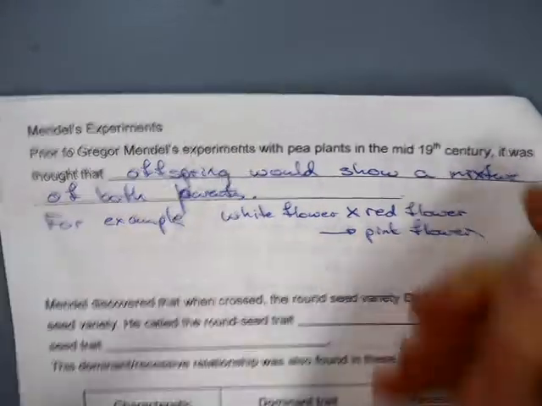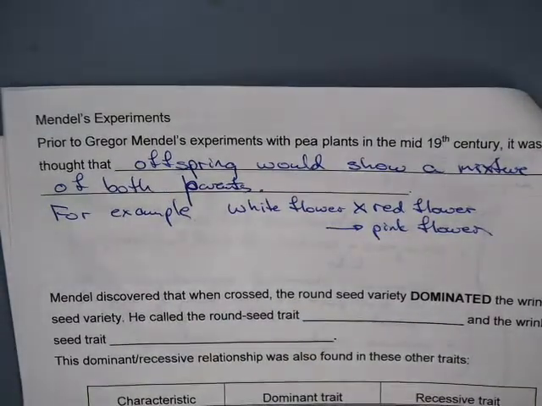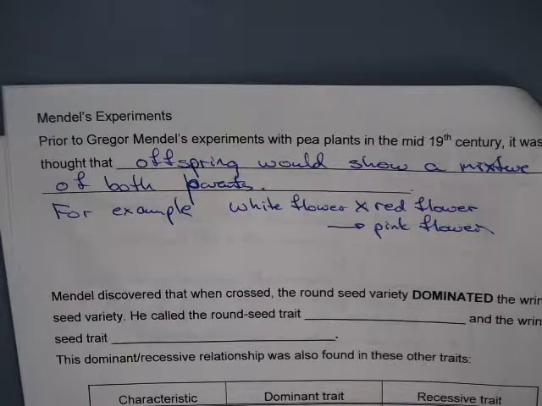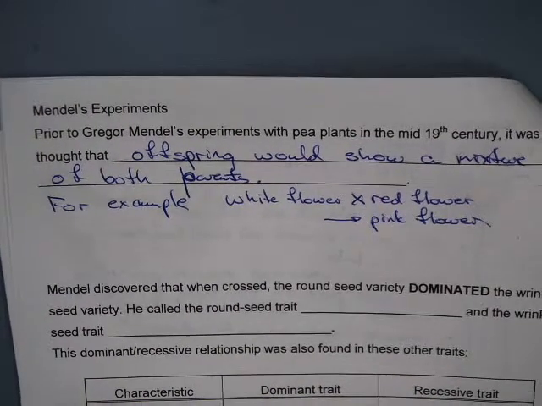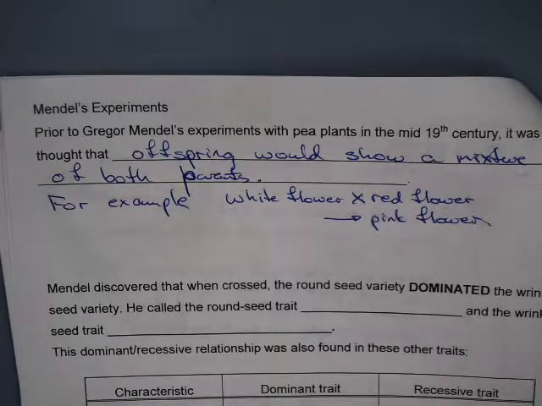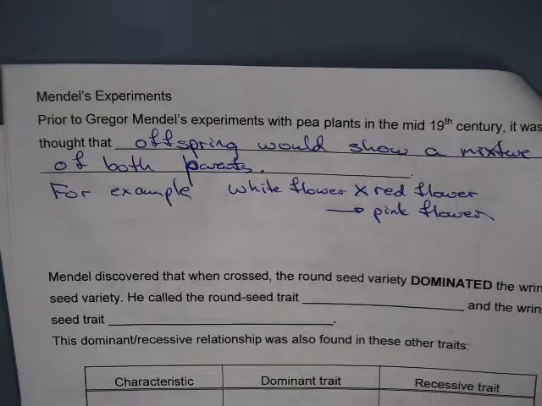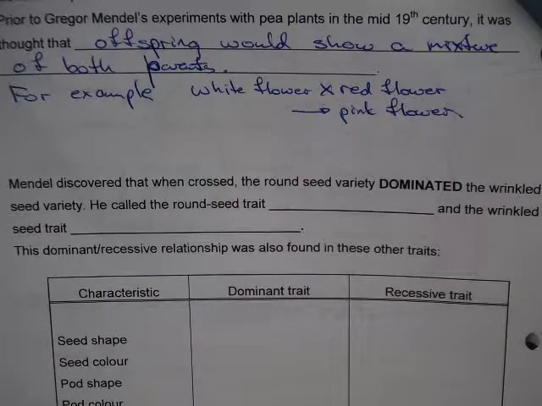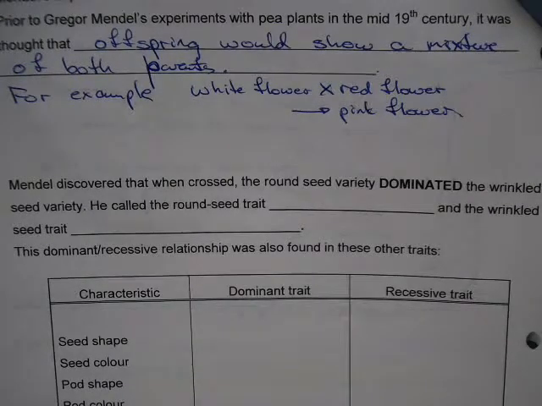That would be their expectation, that it was an equal mixing or merging or dilution of the two parental traits. Okay? But what happened was just the opposite. Now, that can happen. Don't get me wrong. Carnations do that. But he found that only one of two traits would be present.